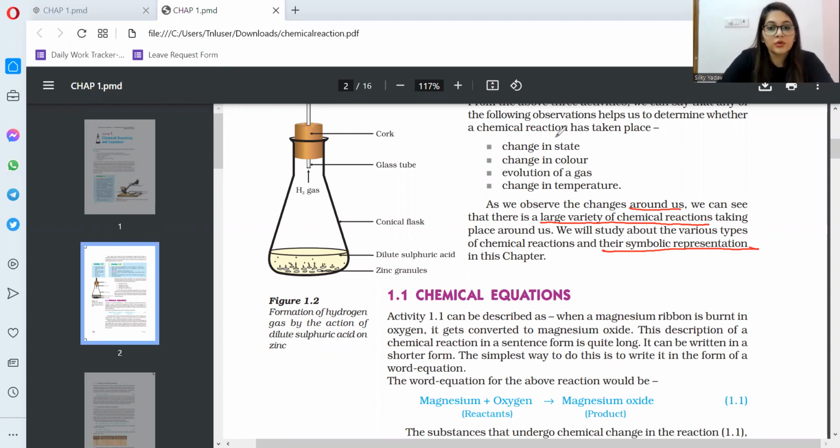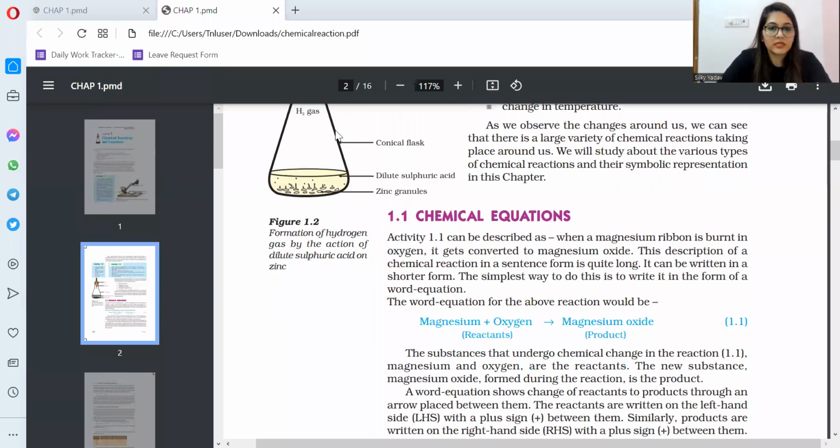Okay, so if we talk about the chemical equation, I've told you what a chemical reaction is. When you write the reactants and the products with an arrow, that is a chemical reaction that you're representing in the form of an equation. Now see, if you write complete magnesium, and the complete word for oxygen, and the complete word again.